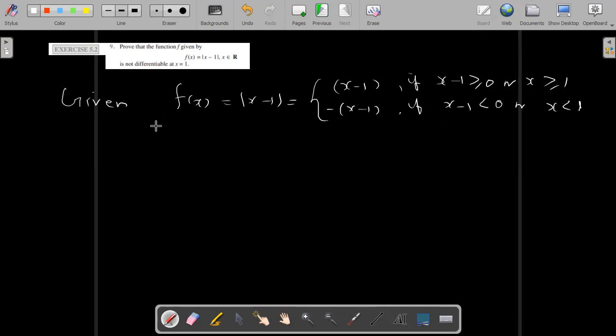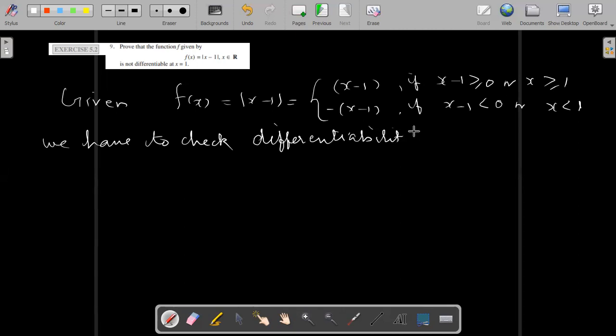So we have to check differentiability at x is equal to 1. So we will use the left hand derivative and right hand derivative. We can write the left hand derivative like this, f dash, left hand derivative at 1.